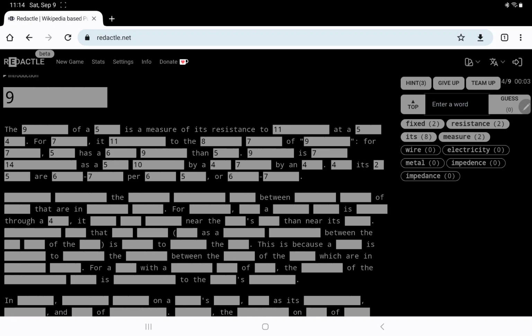No. Resistance to corrosion, resistance to resistance. Could it be something biological? Resistance to infection?